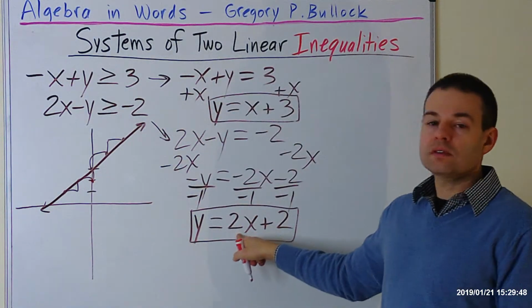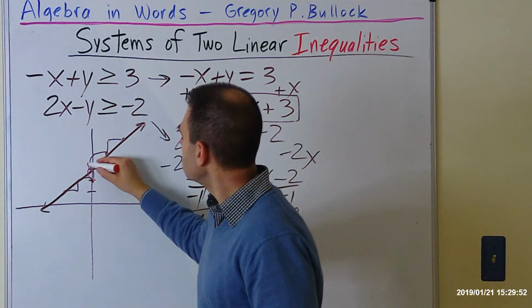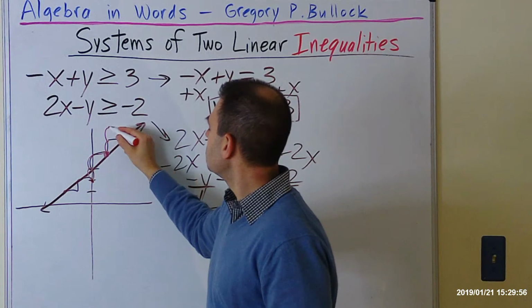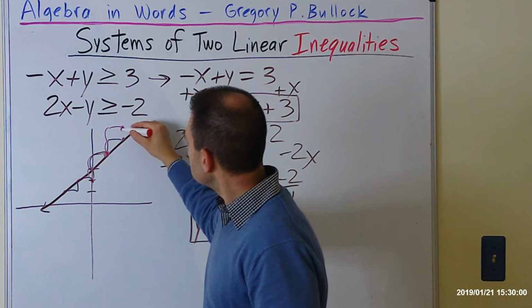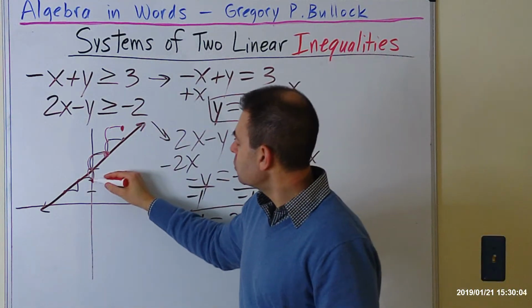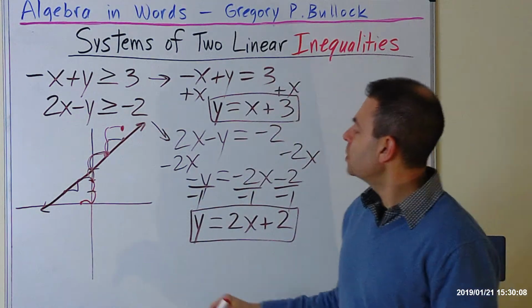And the slope is 2 over 1. So we're going to go up 2, right 1. Up 2, right 1. And let's do the reverse. Down 2, left 1. And that should be good.